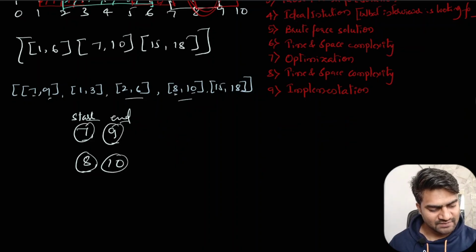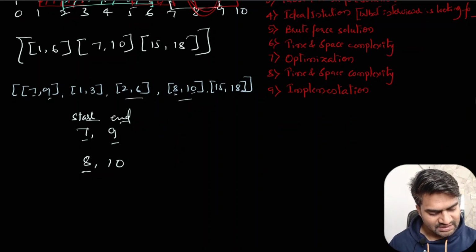So I will do that. Now I will update the start with the minimum of the current start and the next start, which is 7, so there is no change. But for the end, our end should be the maximum of the end and the next end. So this gets updated to 10.